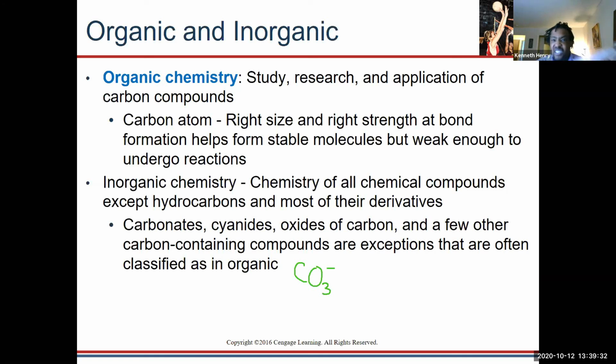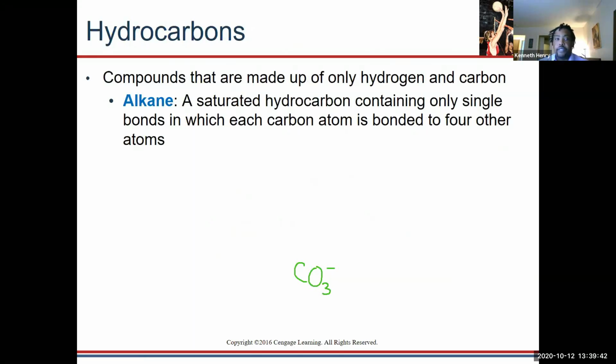My plastic bag is a hydrocarbon because it only has hydrogen and carbon in it. So that's where we're going to start, with hydrocarbons. They're basically made up of only hydrogens and carbons. I'm going to write a couple chemicals on the board, and then you're going to tell me which ones are hydrocarbons.